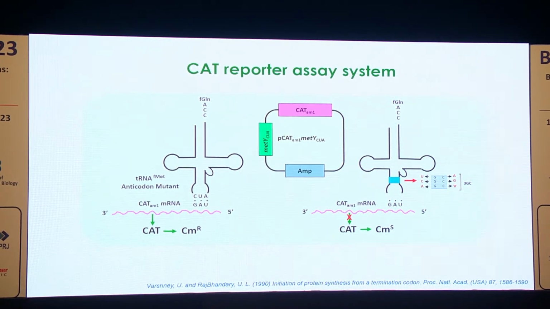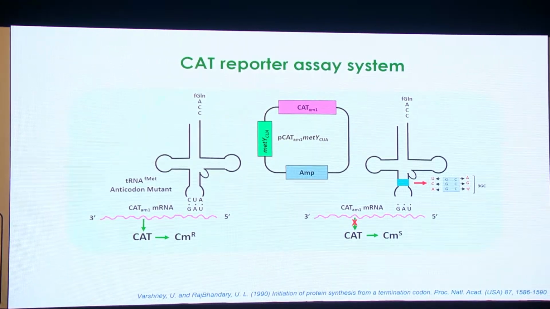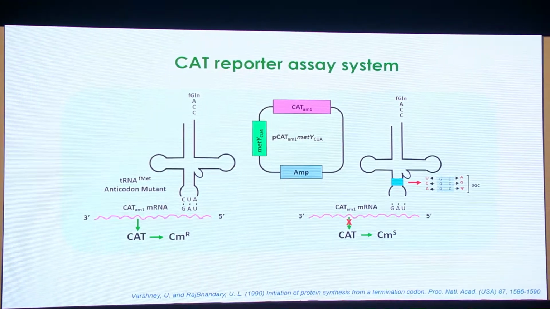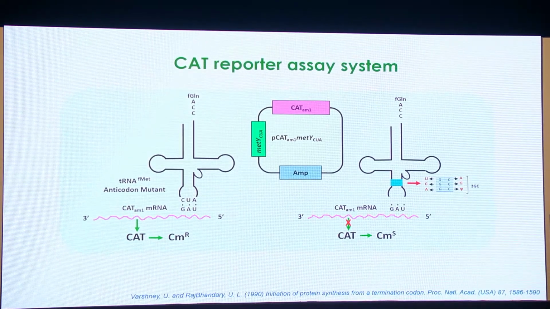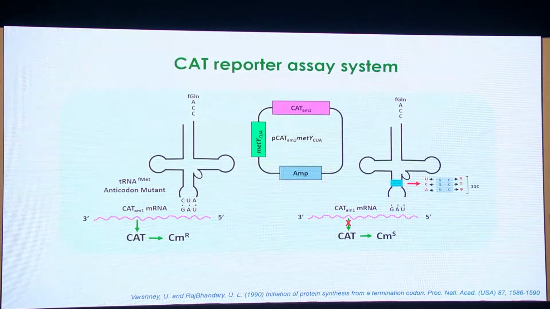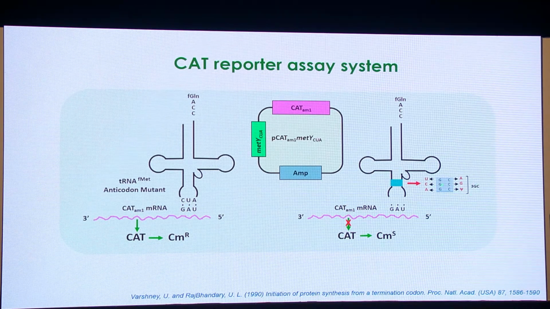So what we wanted to do was mutate this tRNA in such a way that the aminoacylation and formylation properties are not affected, but its initiation function is affected. That region in the tRNA was the 3 GC base pairs in the anticodon stem. So we changed those sequences to the one found in the elongator species of the methionine tRNA, and then asked whether this tRNA will function in the initiation pathway.